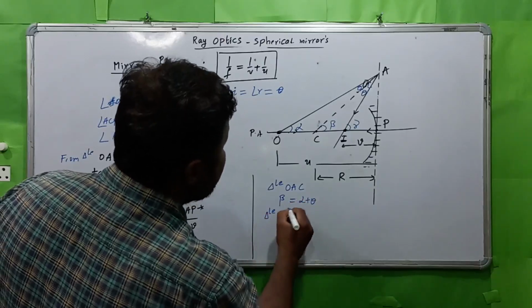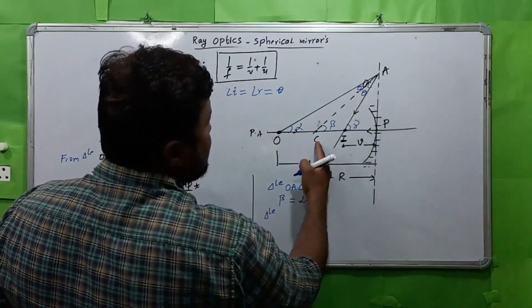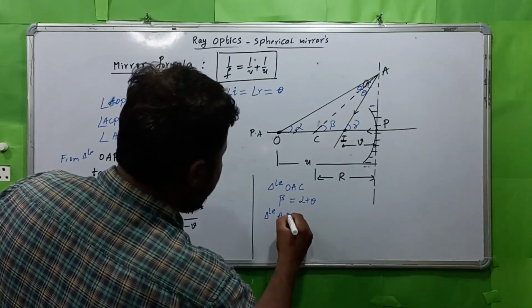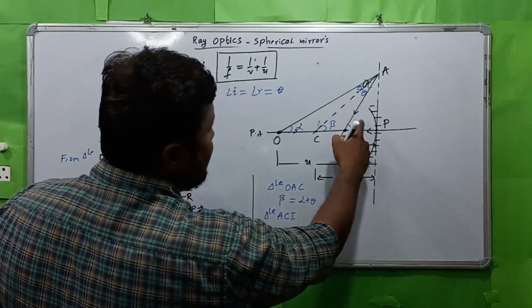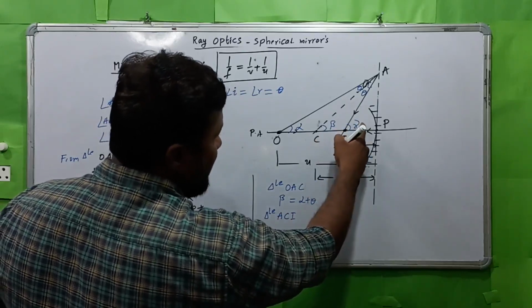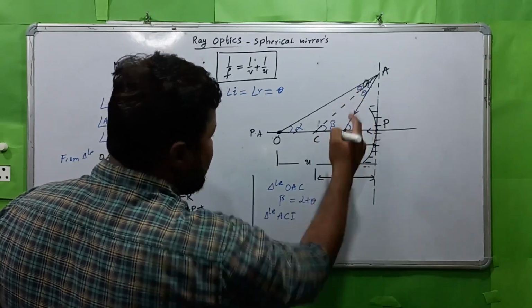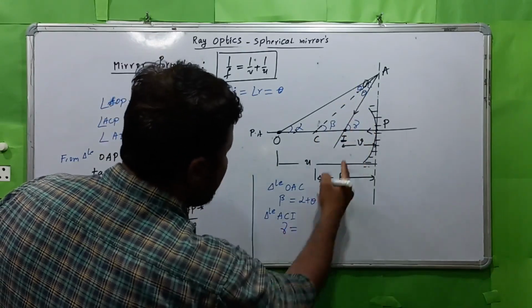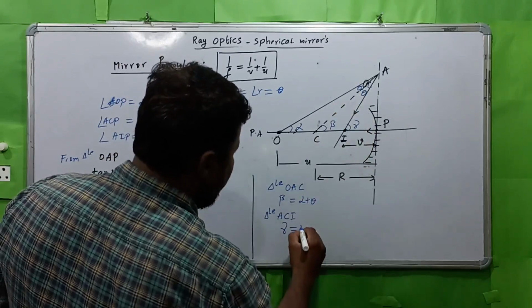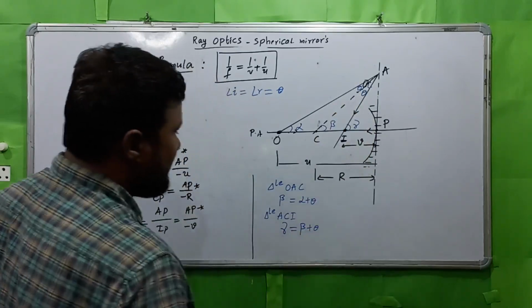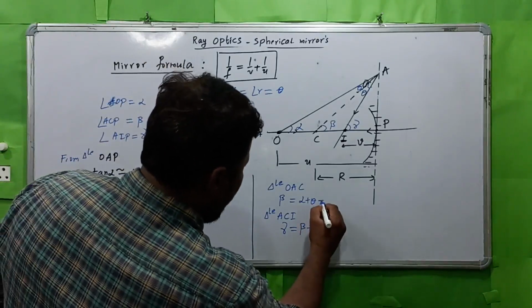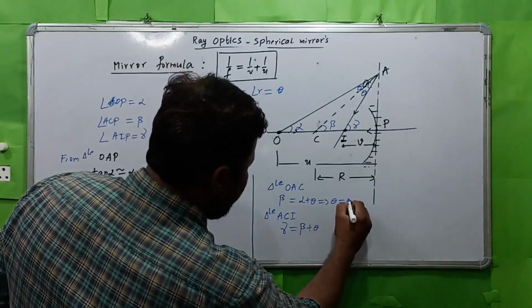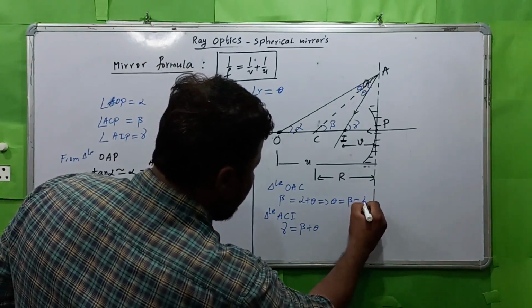Similarly, from the triangle ACI, consider triangle ACI. Exterior angle gamma, interior angles beta and theta. So gamma is equal to beta plus theta. Now from this, if I write theta, it becomes beta minus alpha.